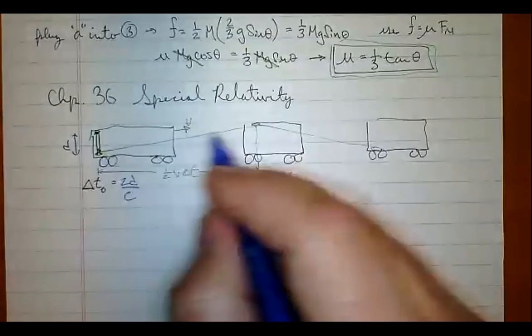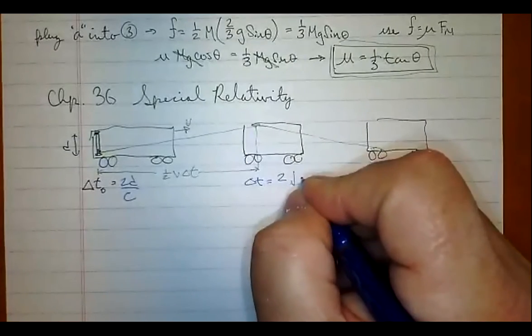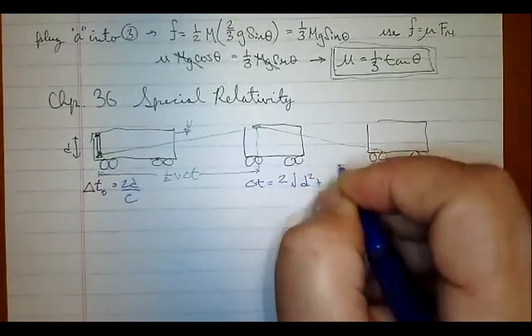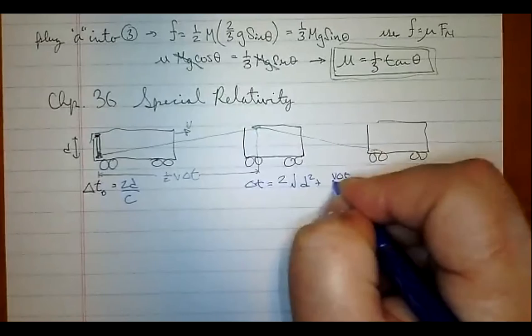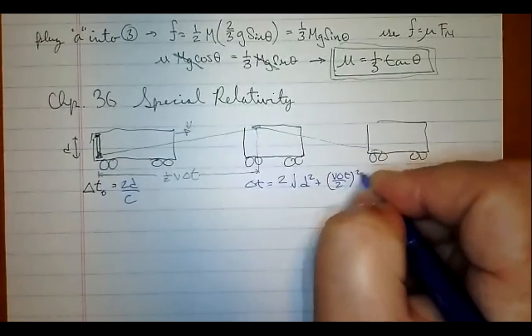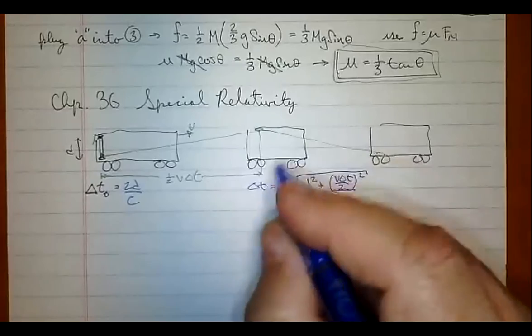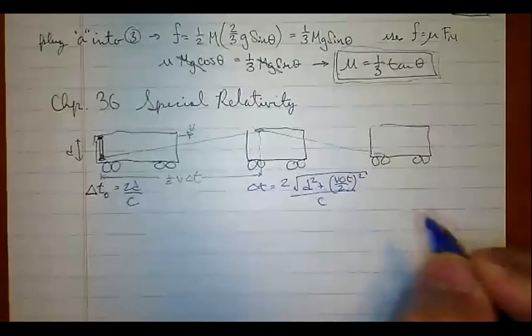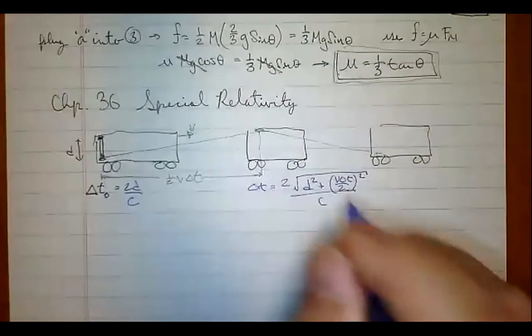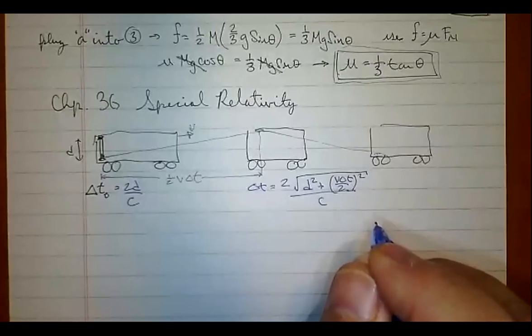And that distance happens to be the square root of d squared plus (v delta t over 2) squared, all divided by not c plus some fraction of v, but specifically c, because the speed of light is a constant. We just implemented Einstein's second principle of relativity.